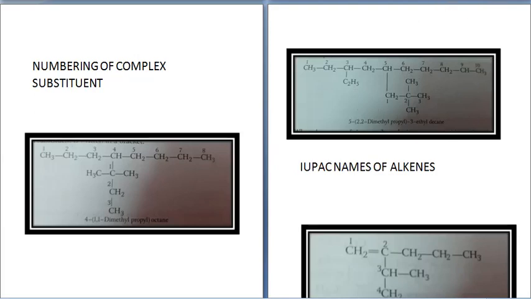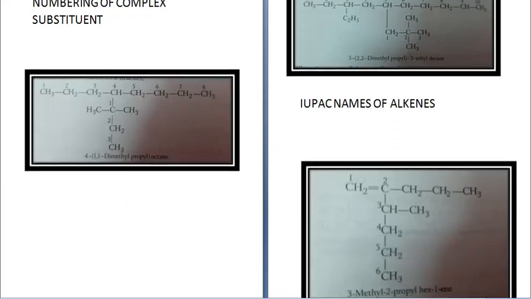Now we come to the IUPAC naming of alkenes. The longest possible chain of carbon containing the double bond is selected. So the parent chain must have a double bond, whether it is long or not. So for alkenes, a double bond is a must. If a double bond is present, then the parent chain must have that double bond.